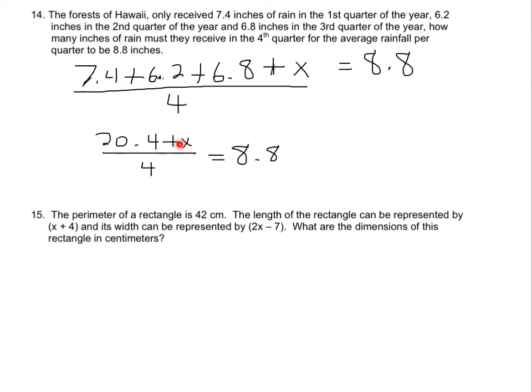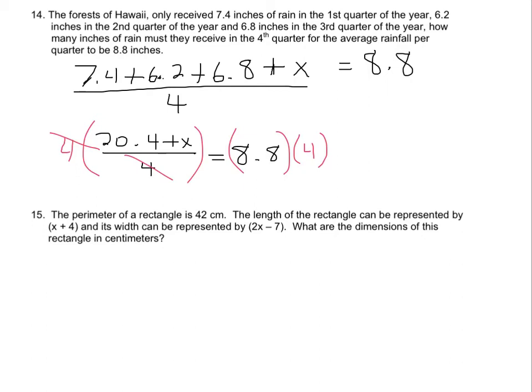So what I'm going to do instead is multiply both sides by 4 to get rid of this denominator here. Okay. So when I do this, it gets rid of the denominator.